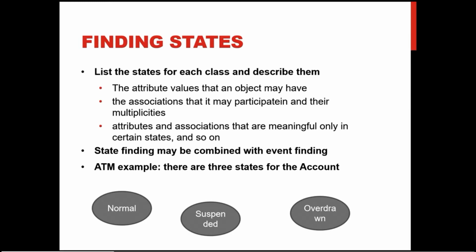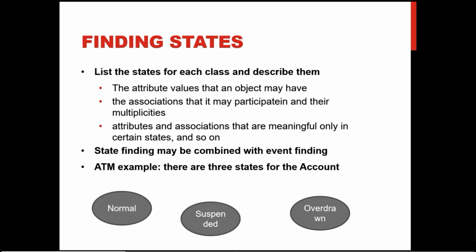Usually we need to focus on the attribute values that an object may have. It means we check the different attribute values. Maybe different values mean different states. And we should also check the associations that it may participate in and their multiplicities.